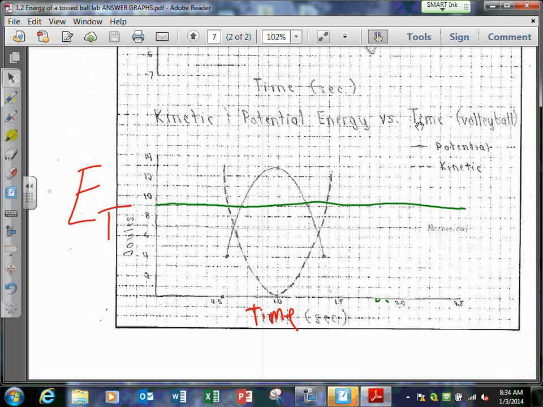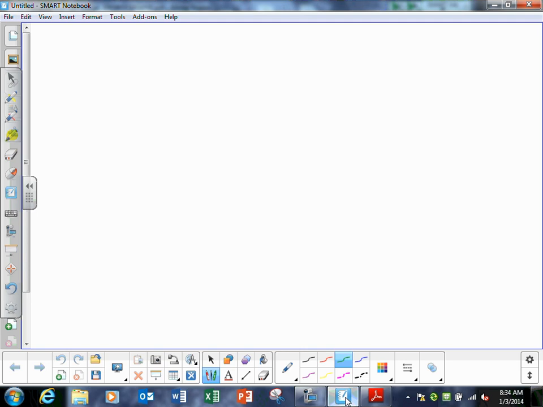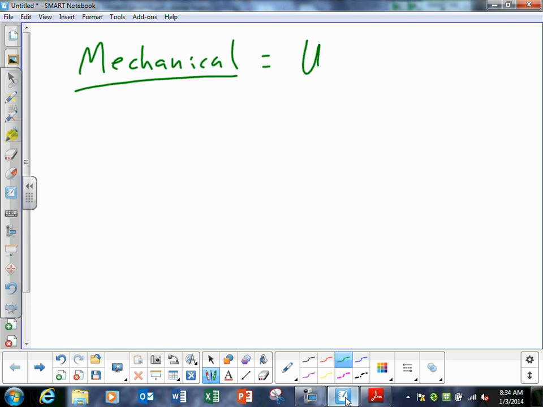Total energy, because when we're talking mechanical energy, is potential and kinetic. So total energy would be potential plus kinetic.